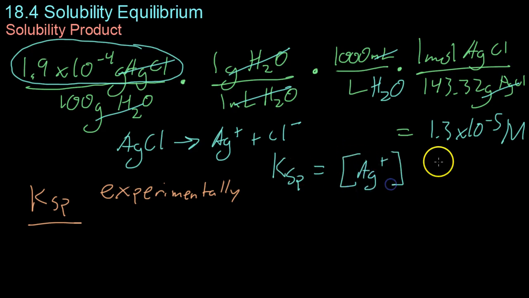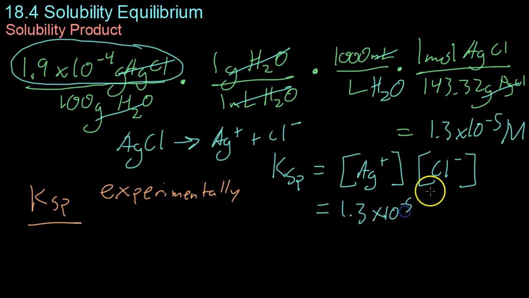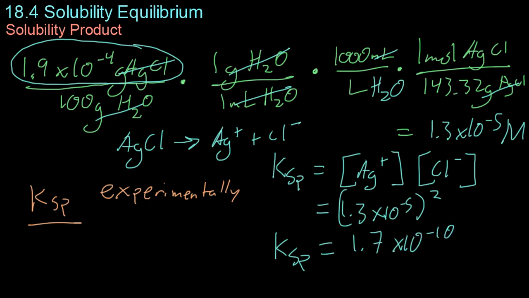We don't have to use any exponents or any hard math. So this comes out to be 1.3 times 10 to the negative fifth, and because chlorine is also 1.3 times 10 to the negative fifth molar, we square the whole thing, and you end up with a Ksp value of 1.7 times 10 to the negative 10.